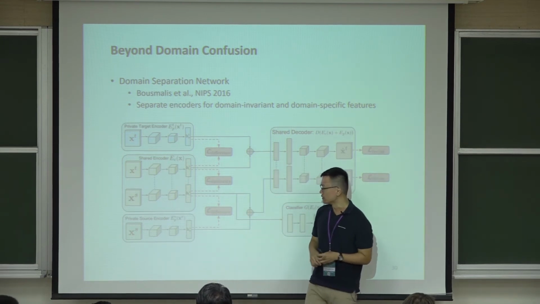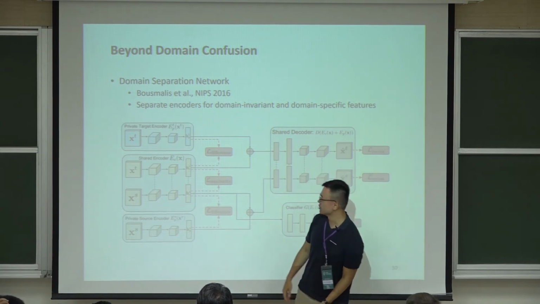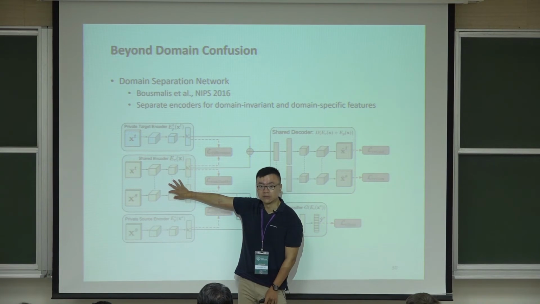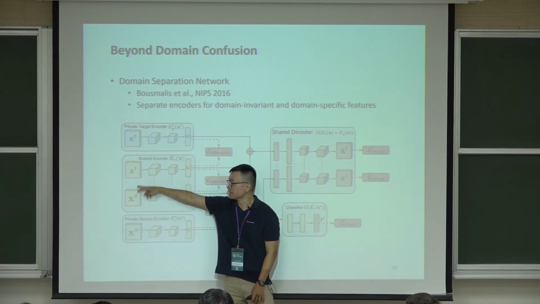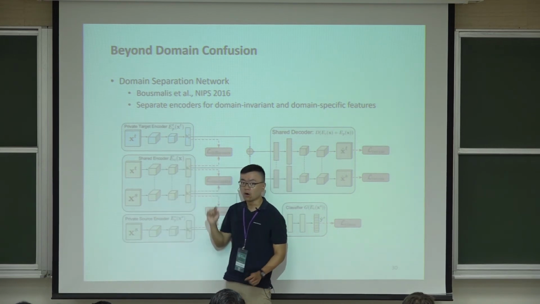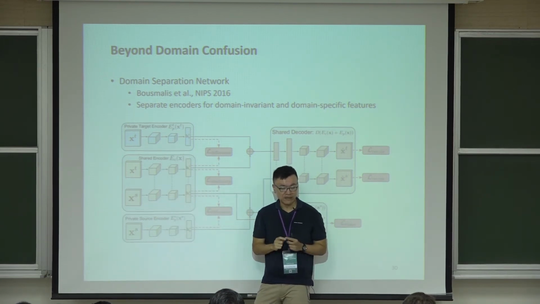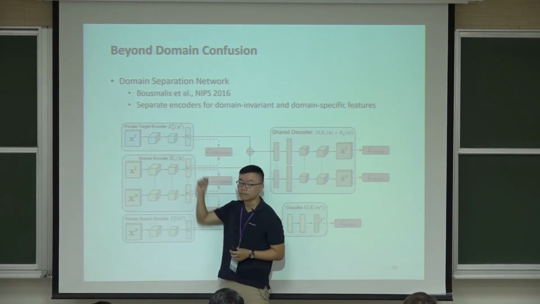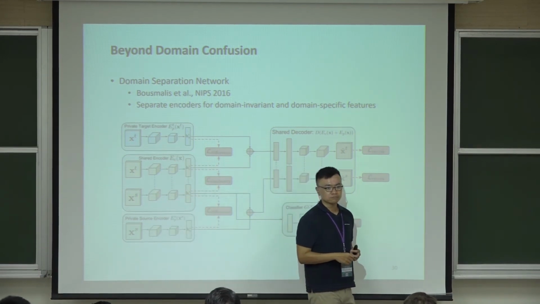You can see the orange one is a shared encoder for cross-domain data. And for the source and target domains, they also have their own specific encoders, a private one for the source and also a private one for the target.